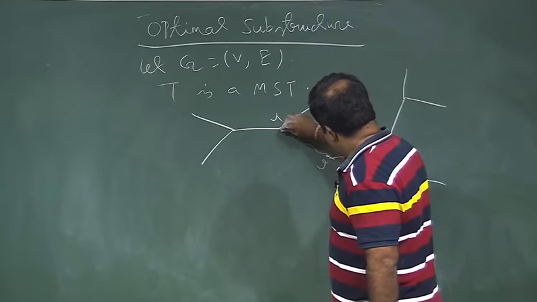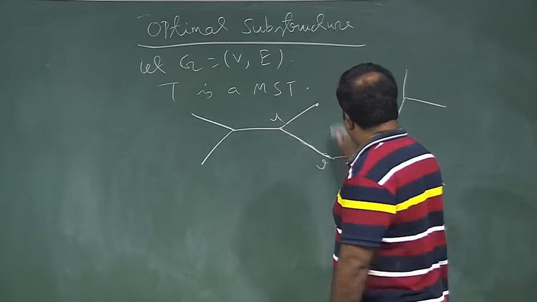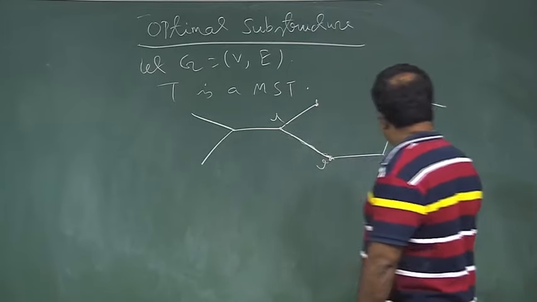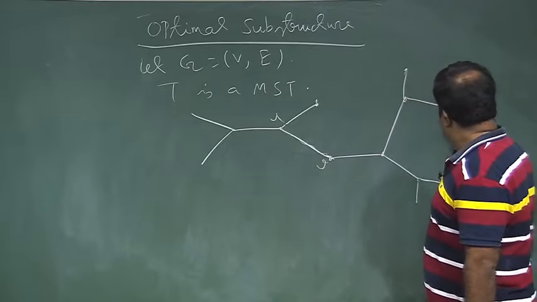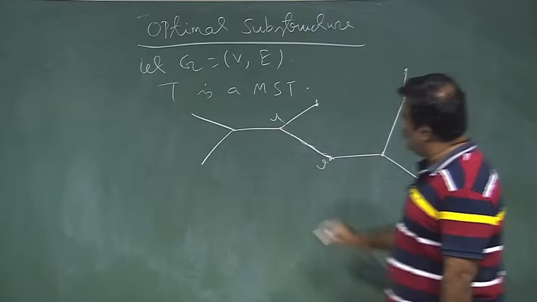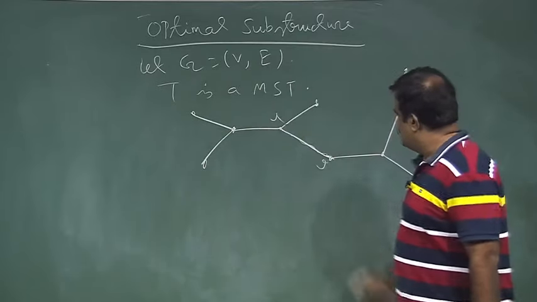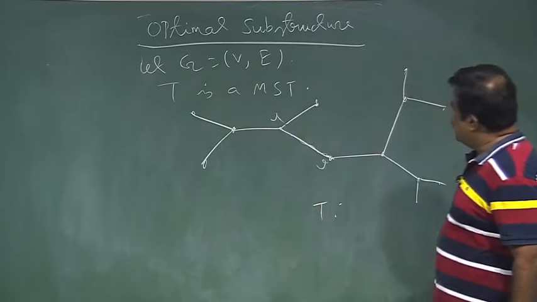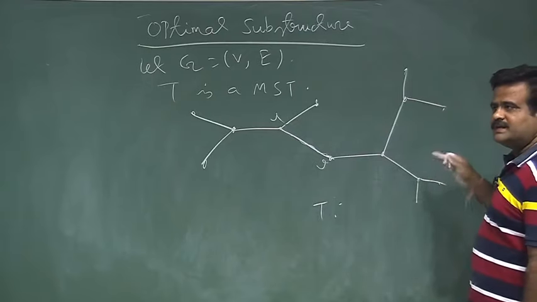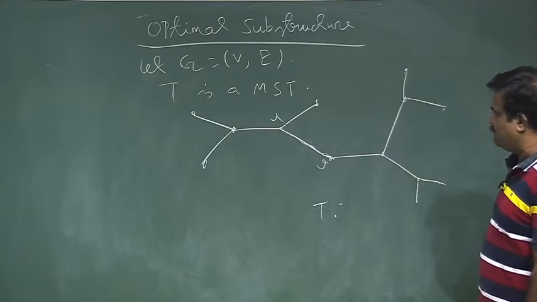Suppose this is a minimum spanning tree which is covering all the vertices. The graph has the same number of vertices, and T is the minimum spanning tree, but in the graph we have some more edges, though the number of vertices is the same.